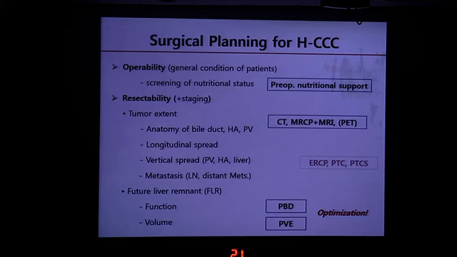I will not deal with ERCP, PTC, or PTCS. Of course, these are all valuable tools. However, for cholangiography only, I will say later, but MRCP is better than these studies.